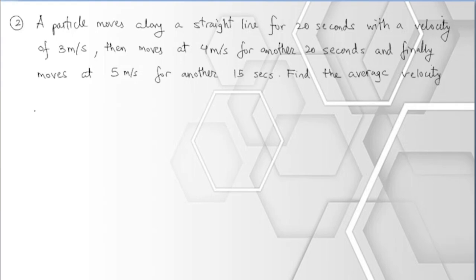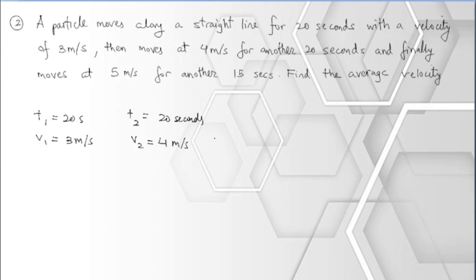You have been given 3 instances. Once a body is moving for 20 seconds at a velocity of 3 meters per second. Next, the same body is moving for another 20 seconds at a velocity of 4 meters per second.